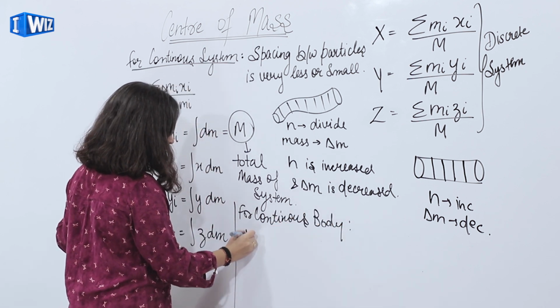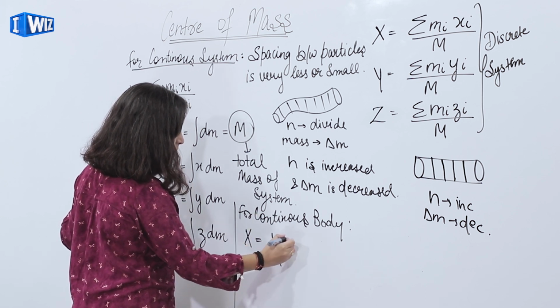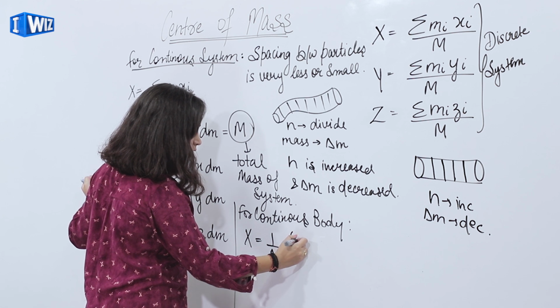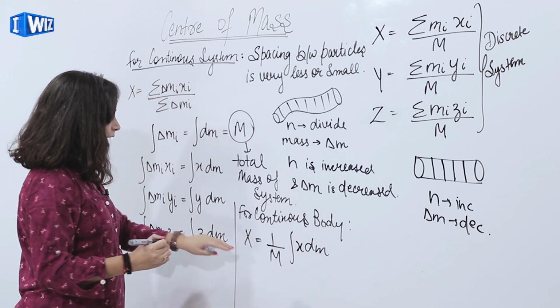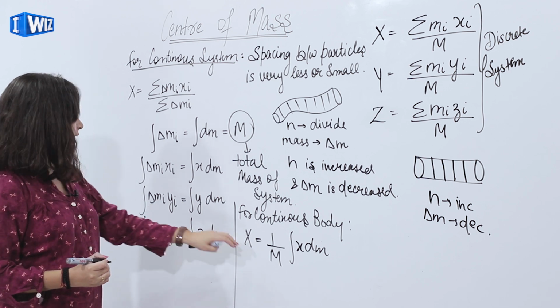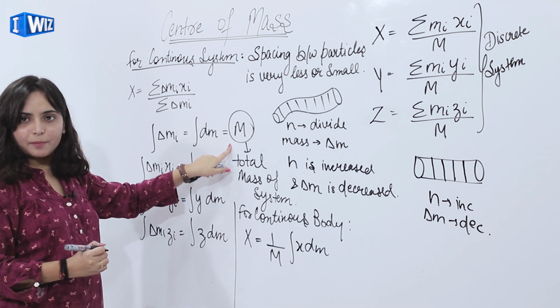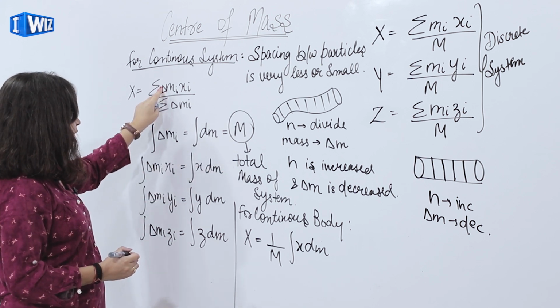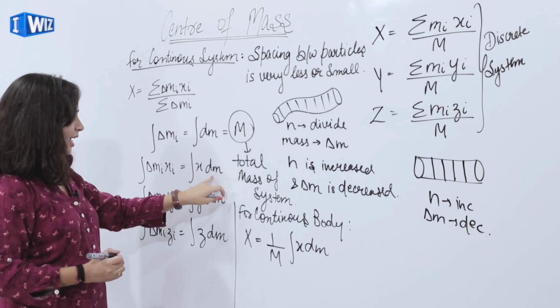we have x equals 1 upon M integration of x dm. We have just substituted the value into this. Delta of mi becomes capital M and summation delta of mi xi is integration x dm.